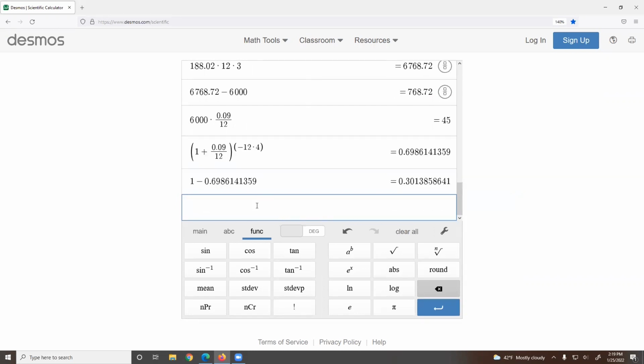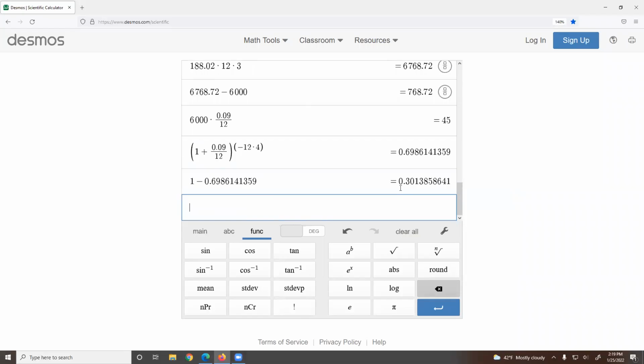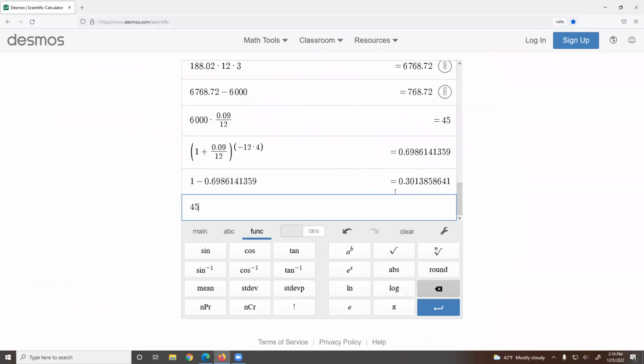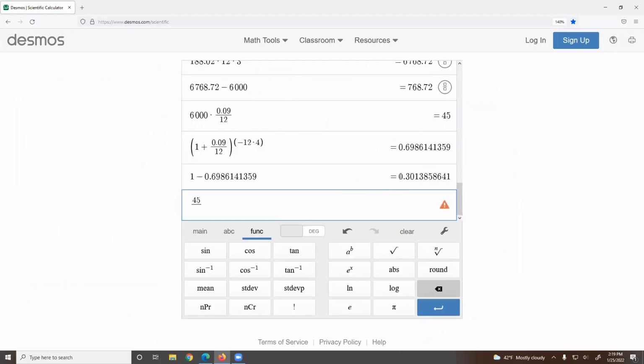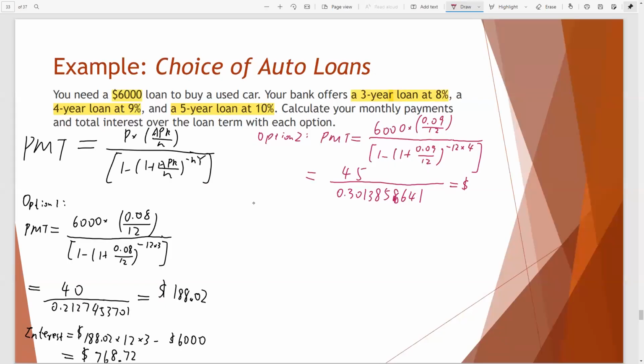Right, that's 0.30138, $58641, right? And 45 divided by this number, we get $149.31, right?